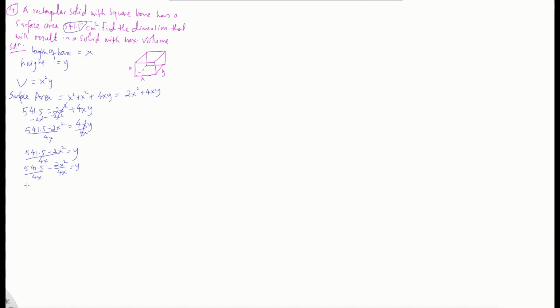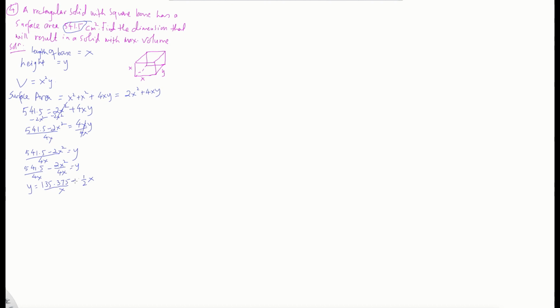If you simplify this, you will get y equals 135.375 over x minus 1/2 x. That's what you get, right?